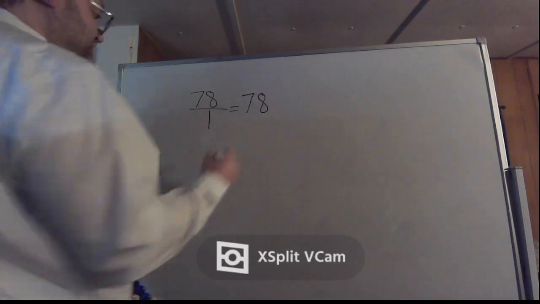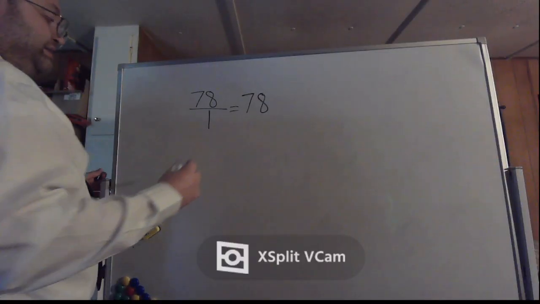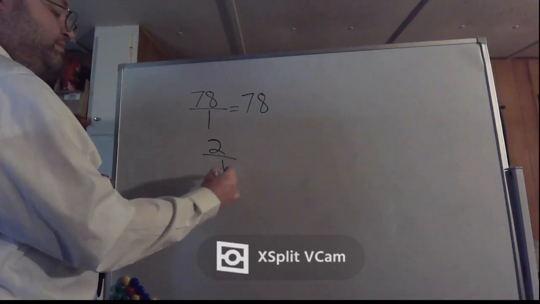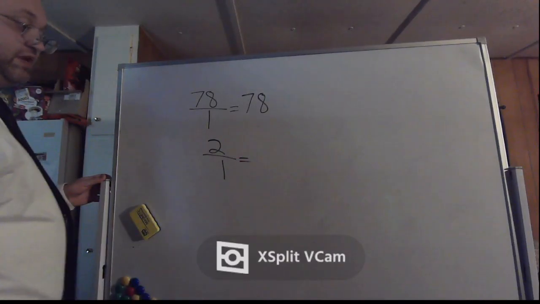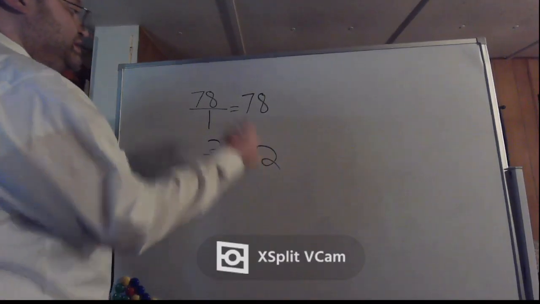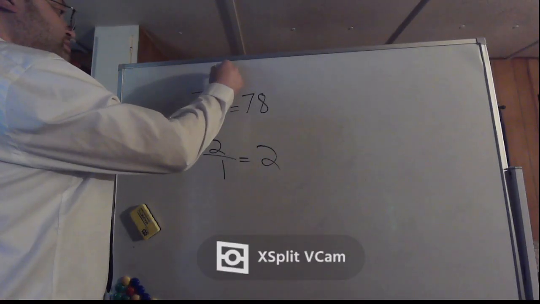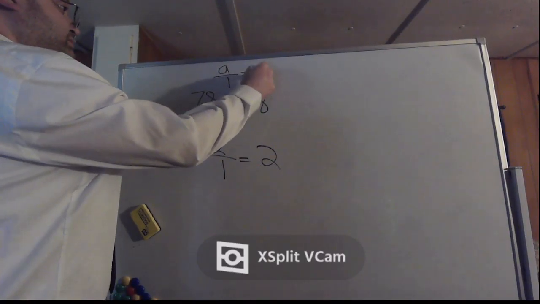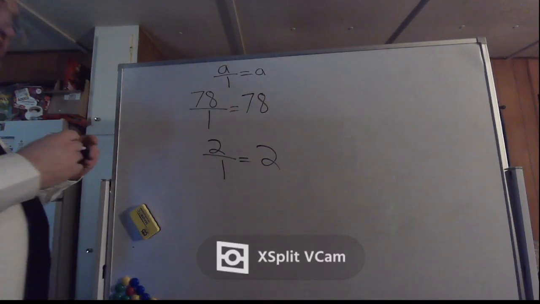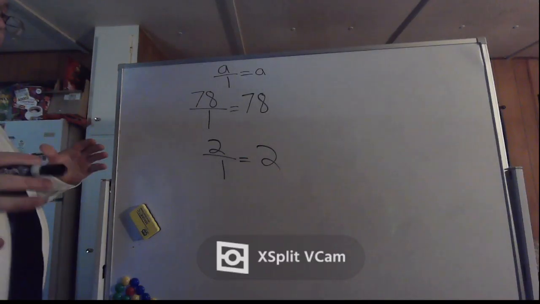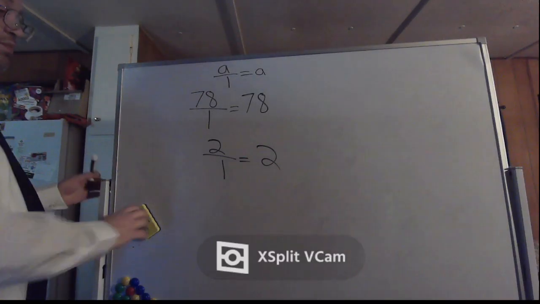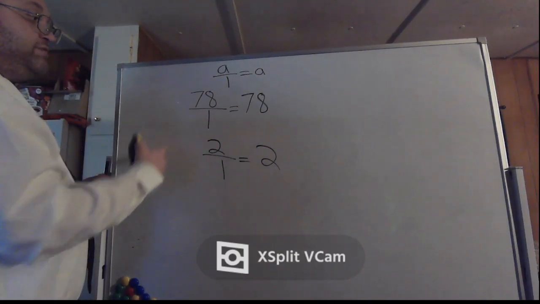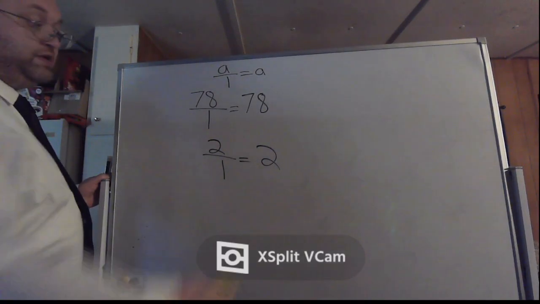That's 78. Let's say I have 2 over 1. Well, 2 divided by 1 is 2. So any number divided by 1 is itself. We got to get used to seeing fraction notation for division because we're going to be working heavily with fractions, so just know that fractions are the same as division.